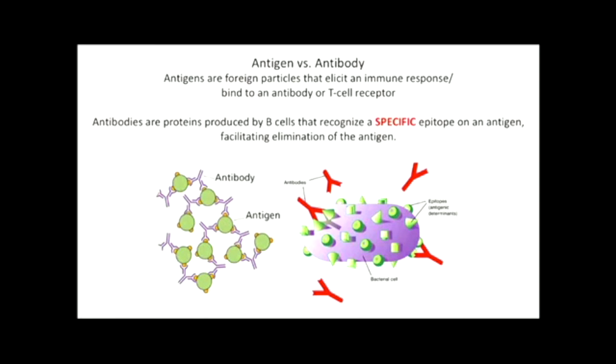And the antibody is what's being generated to fight it off, I guess, is how I've always thought about it. But again, it's those proteins that are being produced by those plasma cells. And they recognize specific epitopes. And that's really important that it's specific on antigens. And this facilitates the elimination.